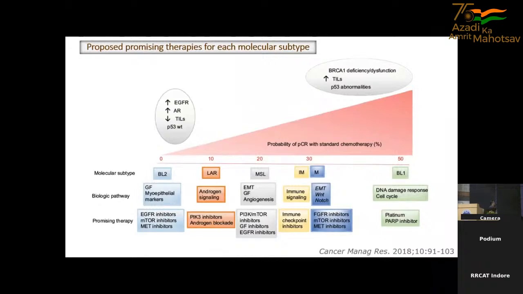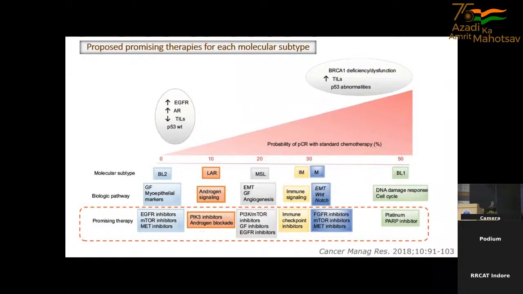However, the molecular subtyping also found certain biological pathways which were activated specifically in those subtypes, and you can see there can be a promising range of targeting factors that you can apply in order to understand how we can treat those subtypes differentially and better.